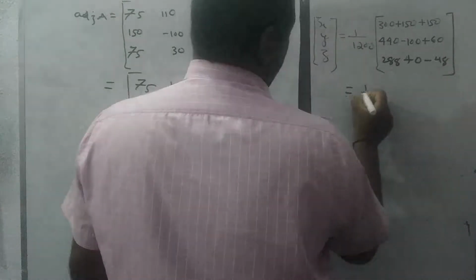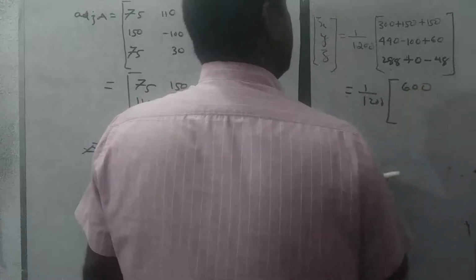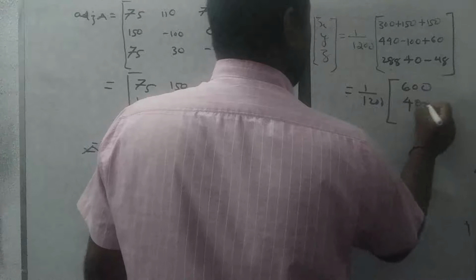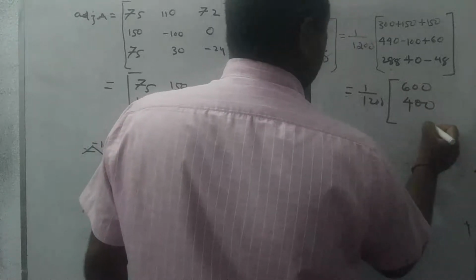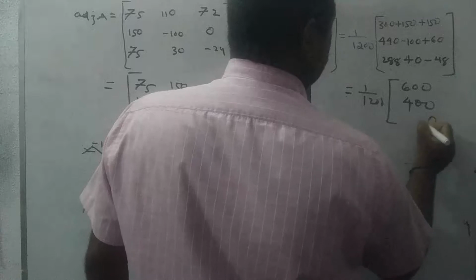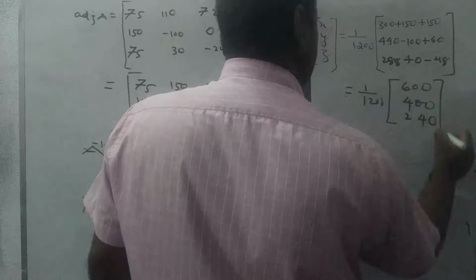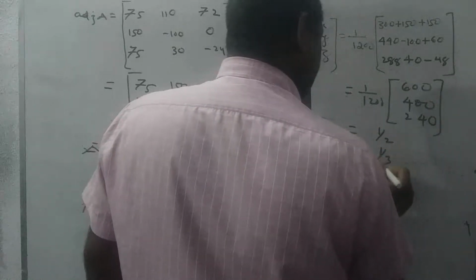So this is 1/1200 times 600, 400, 240. So I think this is 1/2, 1/3, 1/5.